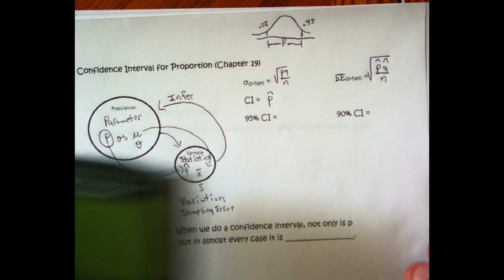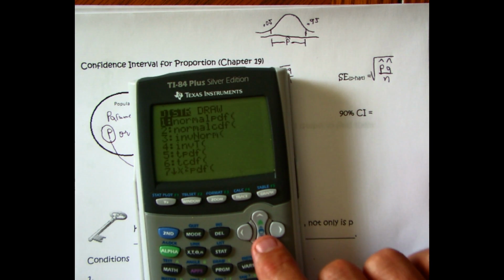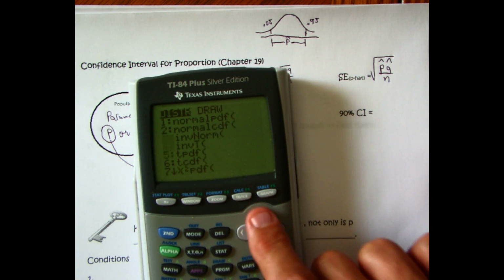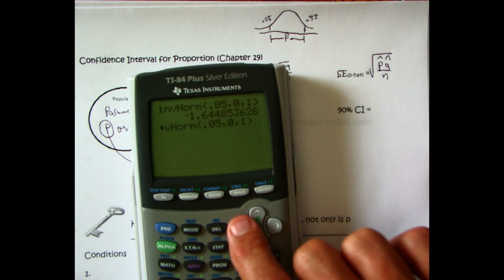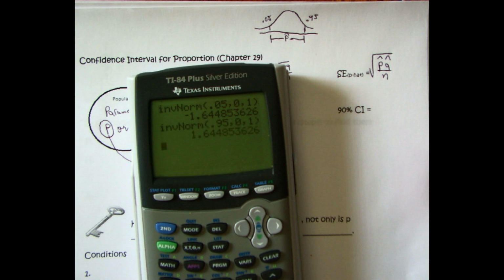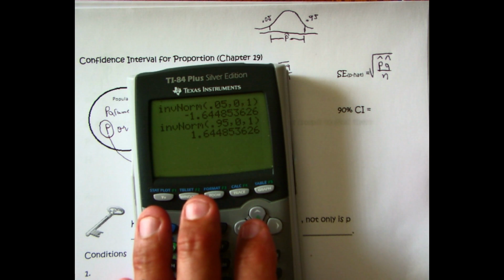If we go into our calculator and say, I need a z-score for that, we go into inverse norm and ask for a z-score for the 5th percentile. It's negative 1.645. Give me a z-score for the 95th percentile, and it's positive 1.645. Why? Because they're equidistant from the mean, which is p hat right now.